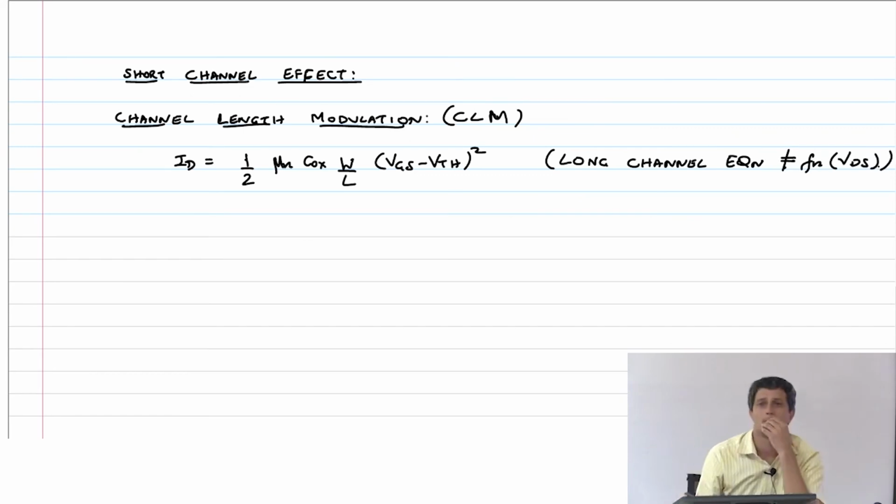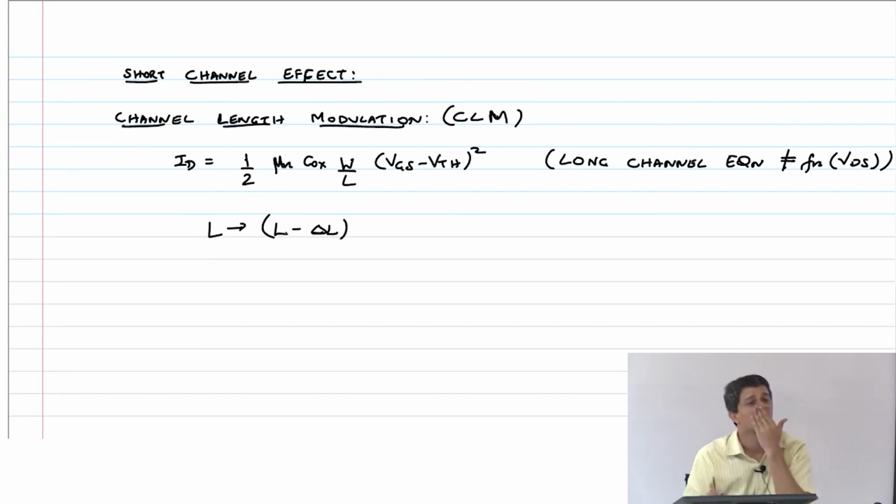That's the main thing. So now what's happening? The effective channel length is becoming smaller. It's becoming L minus delta L. And what is this L minus delta L a function of? What is delta L determined by?